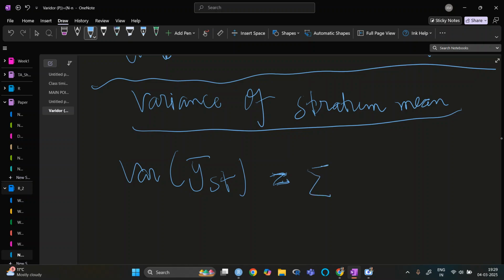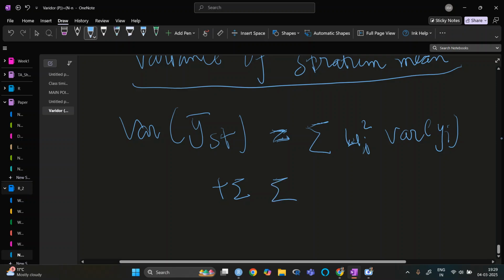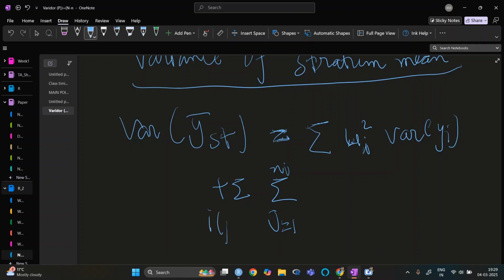So this one is summation w_i squared variance of ȳ_i, plus summation over j equal to 1 to k, when i not equal to j, w_i w_j covariance of ȳ_i and ȳ_j.